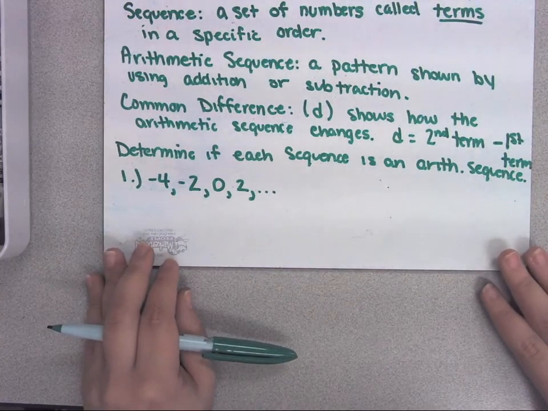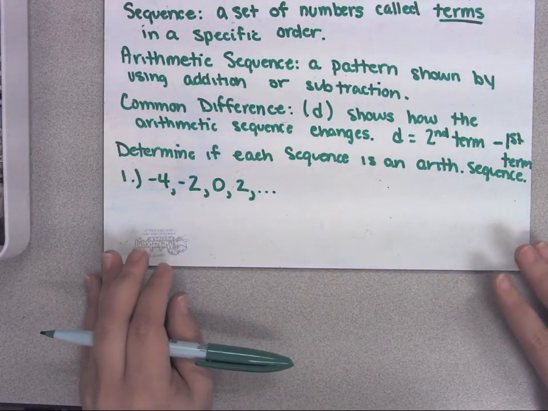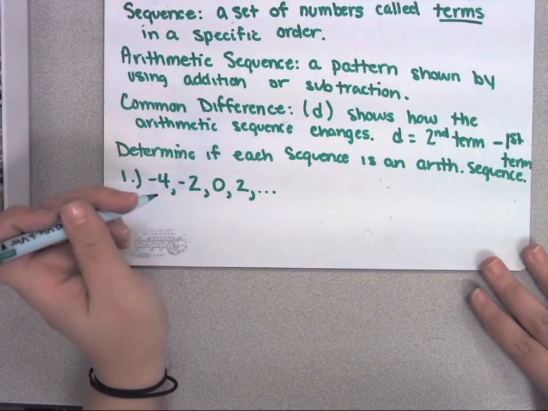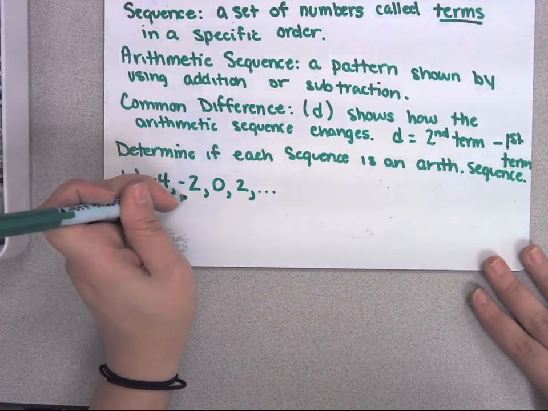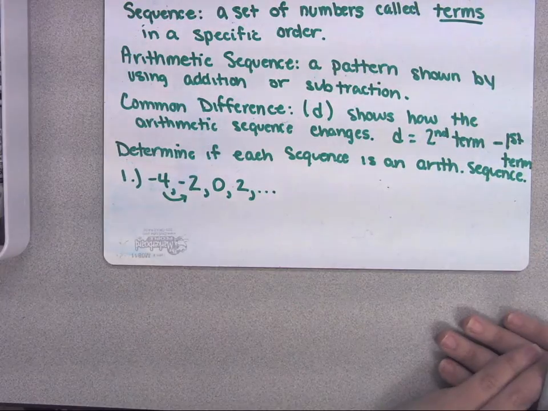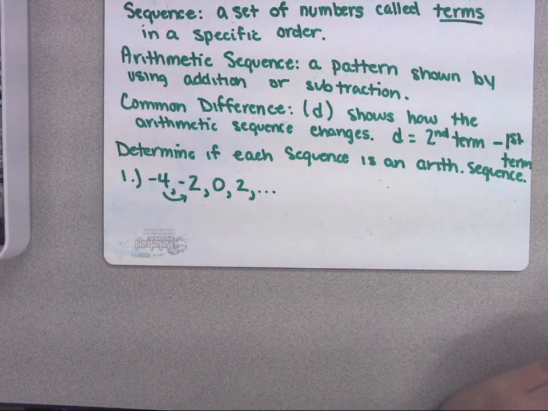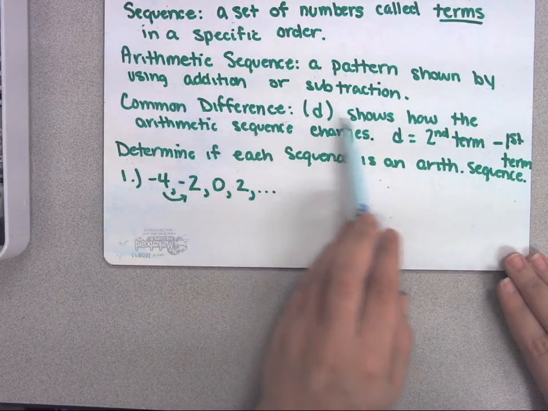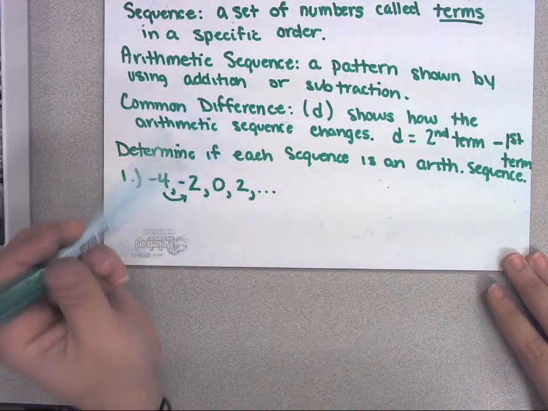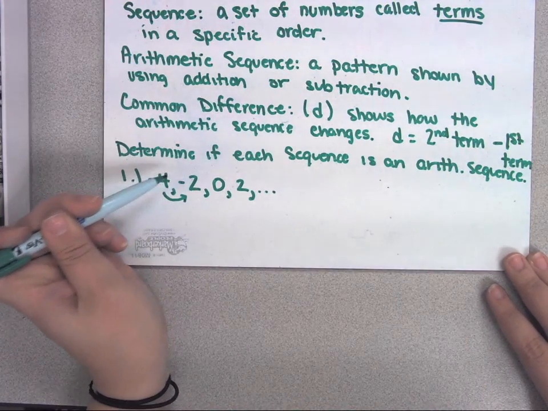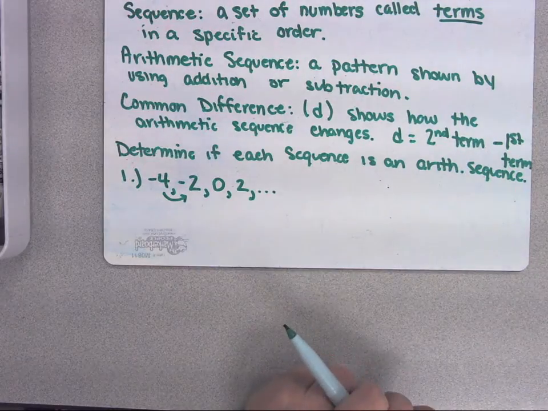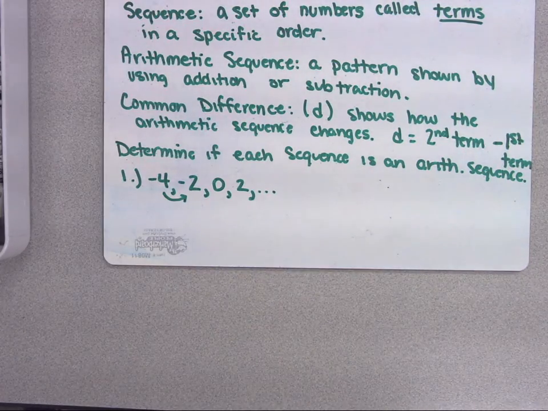This is how you determine if it's an arithmetic sequence. Ask yourself, how do you get from the first number to the second number? If you can't figure it out, find the common difference: take the second number, subtract the first number. You literally type that into your calculator.